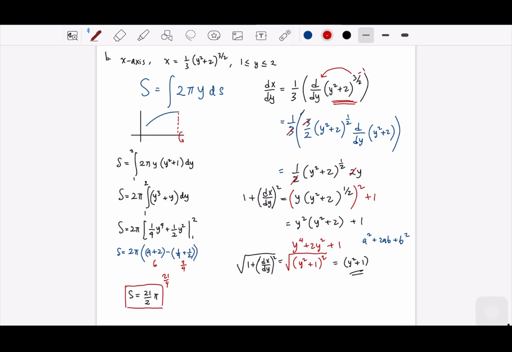It can be either dx or dy. The thing that makes the difference is this one, x. So 2 pi y ds for x-axis rotation, 2 pi x ds for rotation about y. And that's the important one, the principal one.